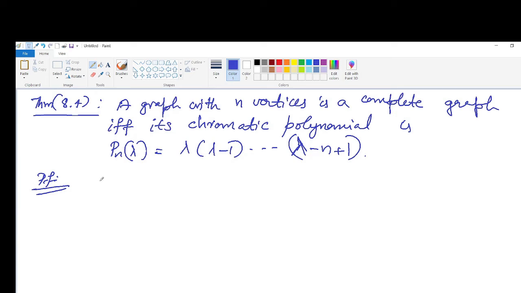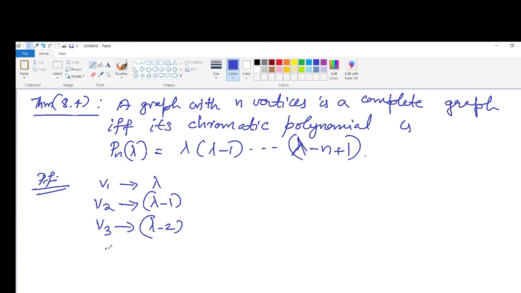So the first vertex is colored in lambda different ways. Now the second vertex can be colored properly in exactly lambda minus 1 ways, the third vertex in lambda minus 2 ways, and the fourth in lambda minus 3 ways, and so on.